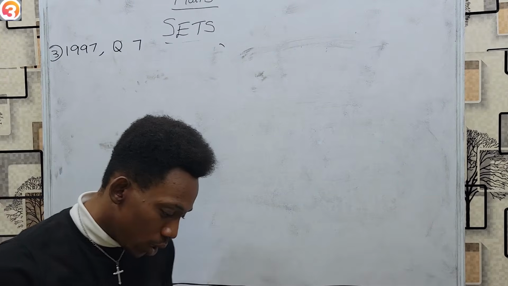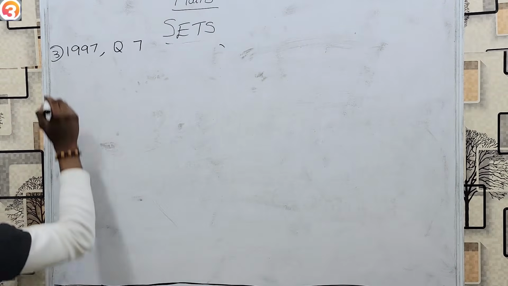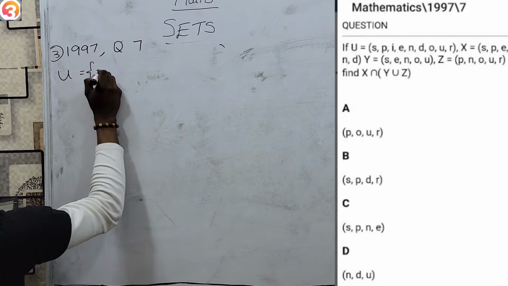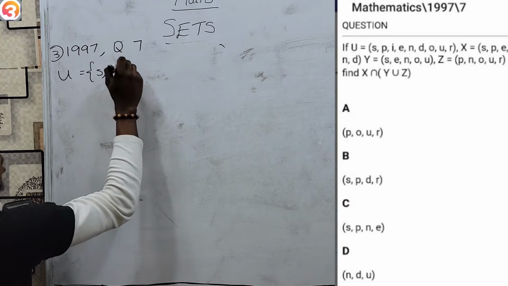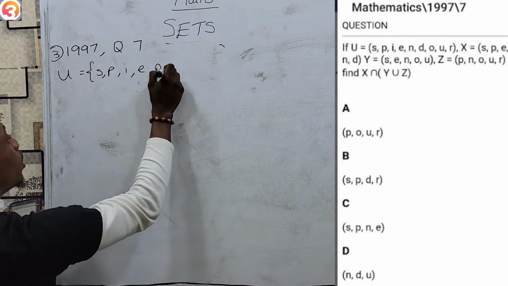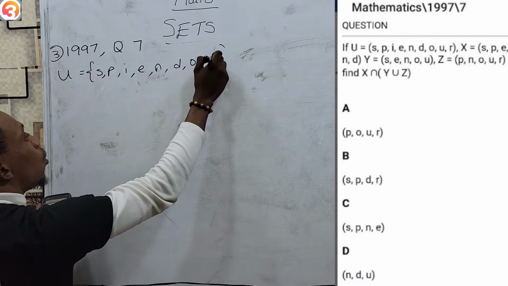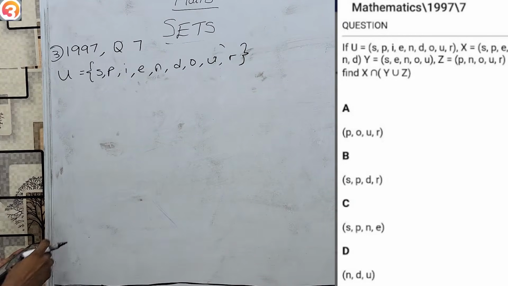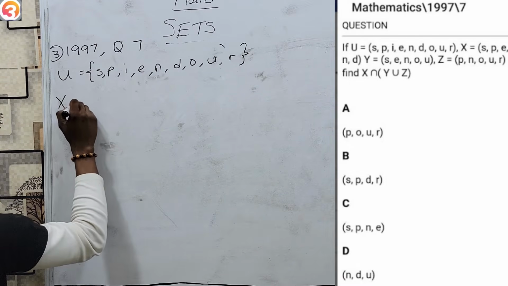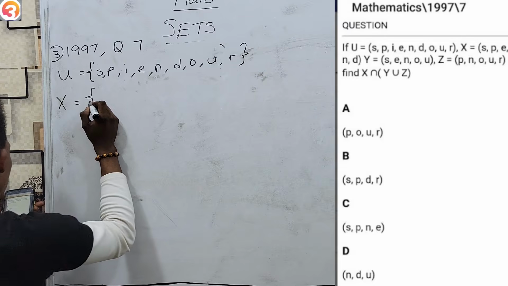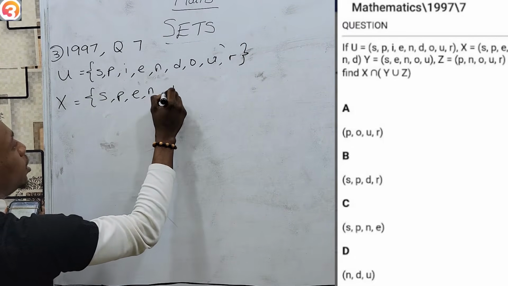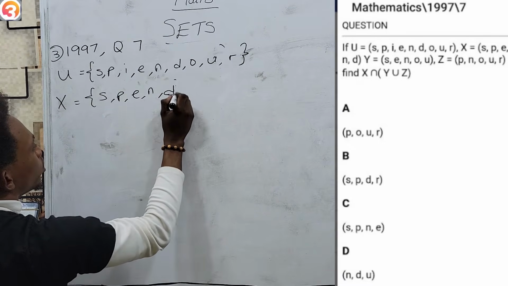Now this one gives me a universal set, U. It says U contains S, P, I, E, N, D, O, U, and R. Those are the elements within the universal set. But X contains X, P, E, N, D, which kind of spells out spend.